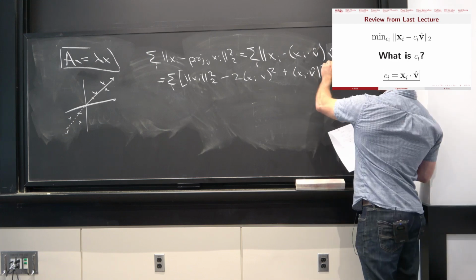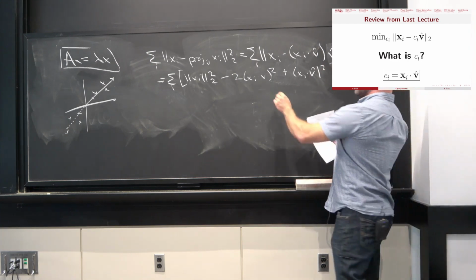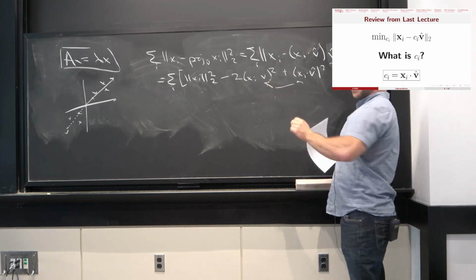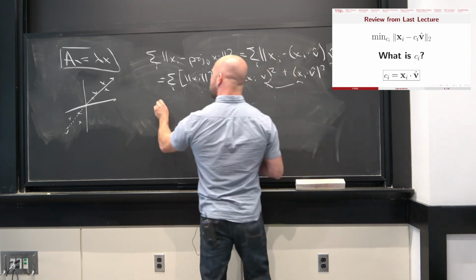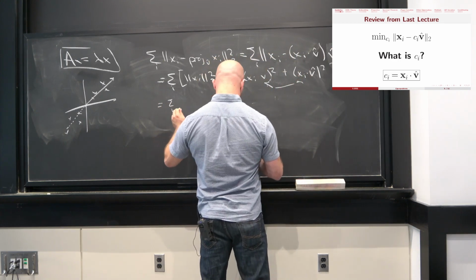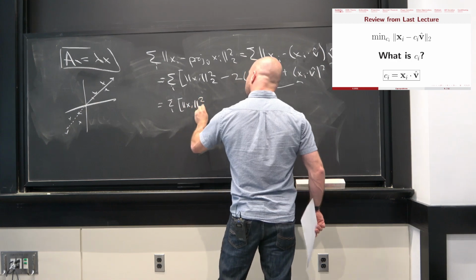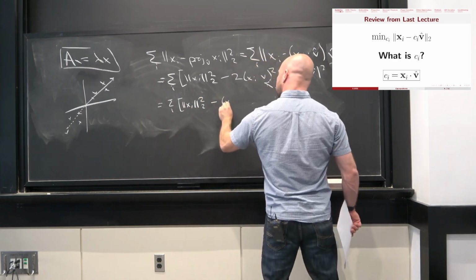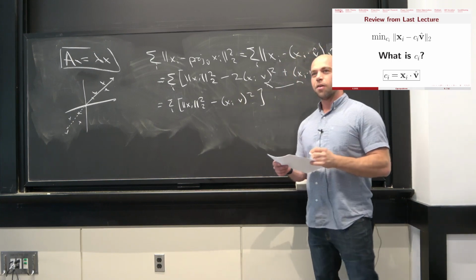So this is our expression. But notice that these are actually the same. Isn't that convenient? So this thing is really the sum over i of the norm of xi squared minus (xi dot v) squared. Cool?